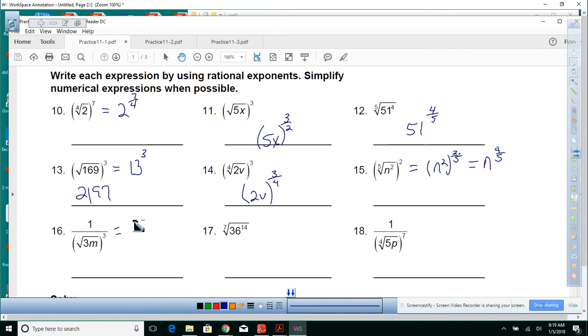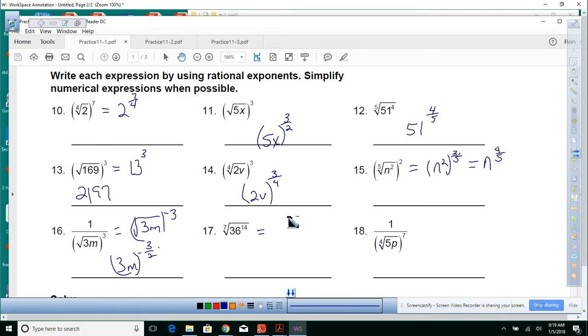So that's going to be the square root of 3m, and we're going to put negative cubed, and then so that's going to become 3m to the negative 3/2. Negative 3/2. All right.